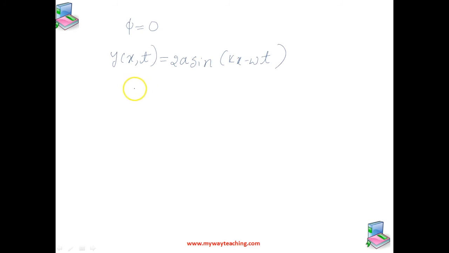In this case, the resultant amplitude is 2a, and for phi equal to pi, the waves are completely out of phase, and the resultant wave has zero displacement everywhere at all times.